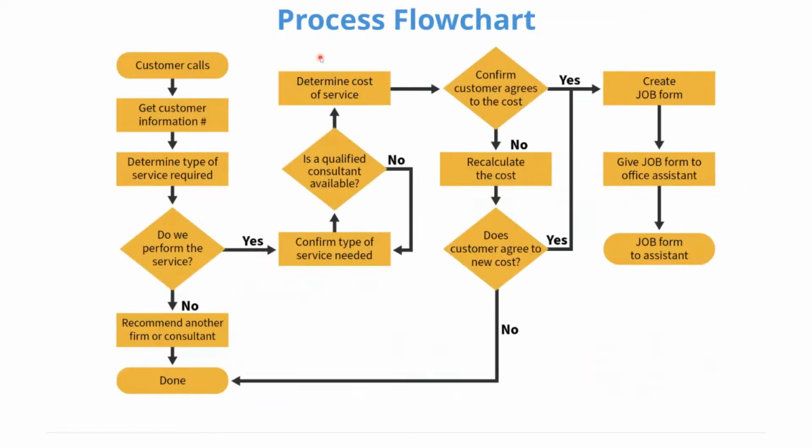Now, the final chart for this discussion is the process flow chart, and this is the one I suspect most people think of when they imagine flow charts. This is a department-level flow chart. You can use it for company-wide processes, yes, but it becomes extremely useful at the department level.